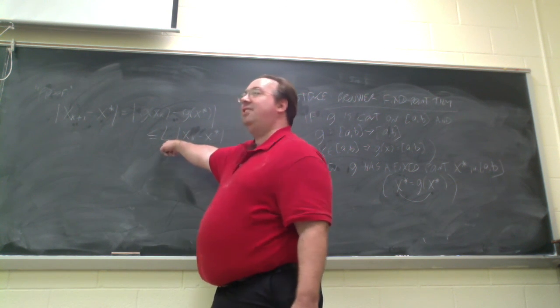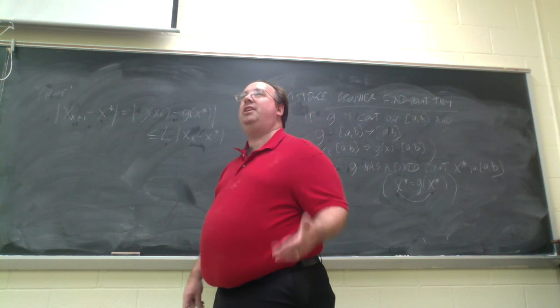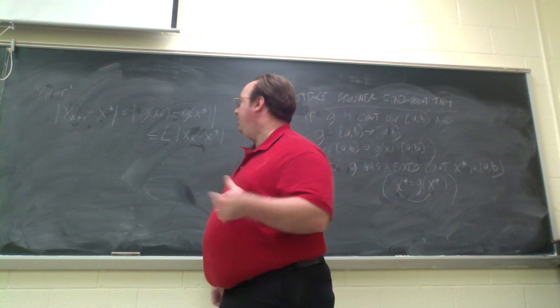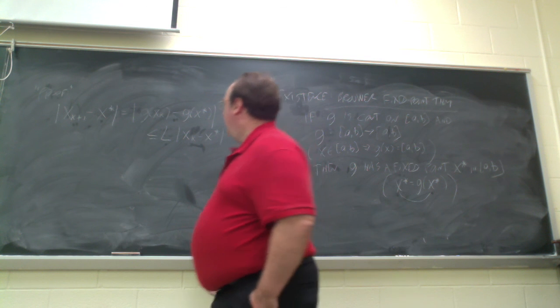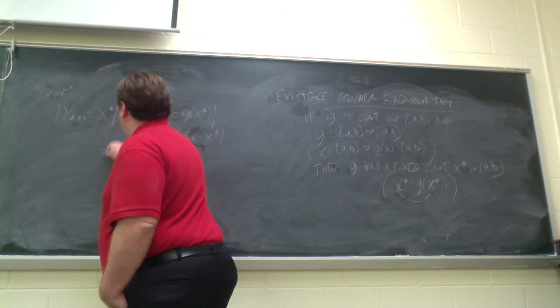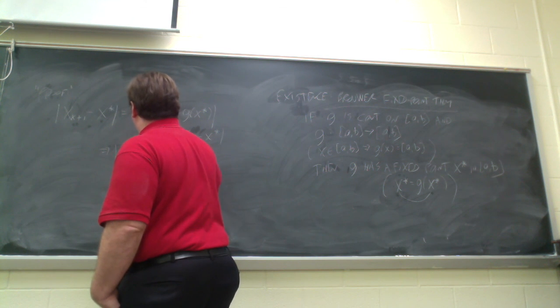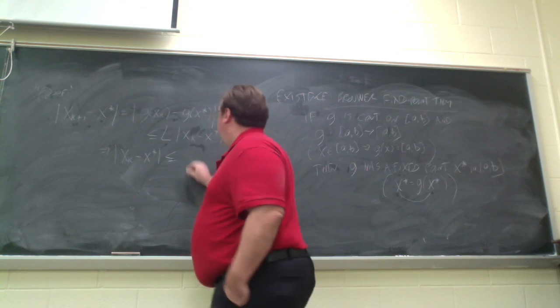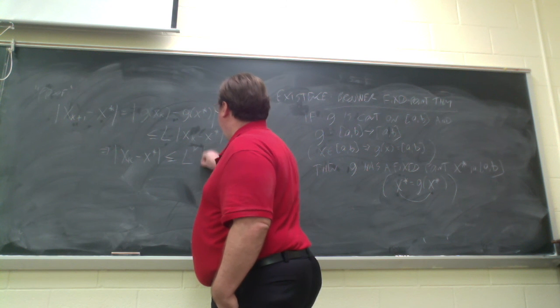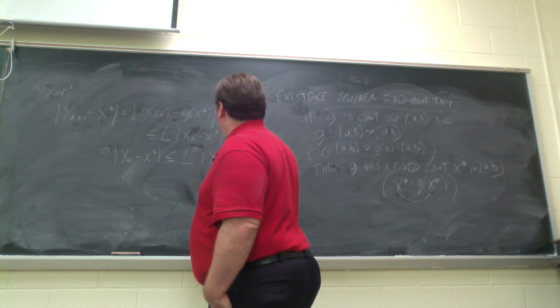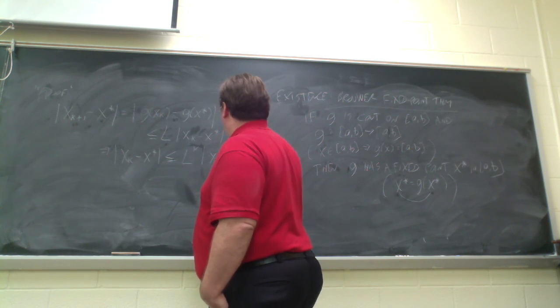And because L is less than 1, the error is guaranteed to decrease. So I can repeatedly apply this, and say that the error after k iterations is less than or equal to L to the k times the initial error.